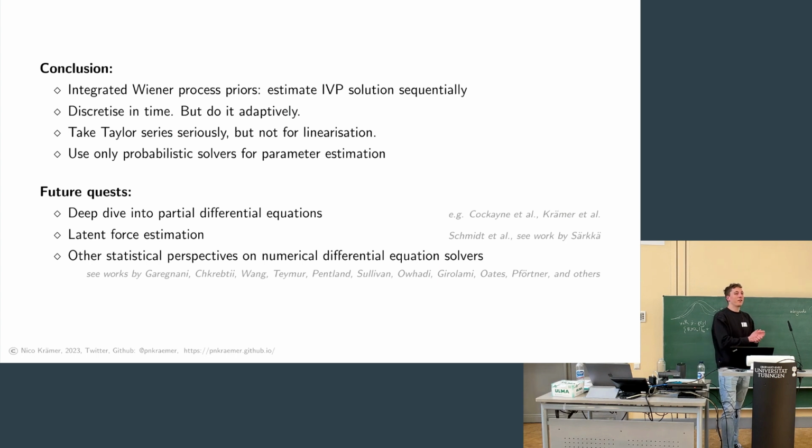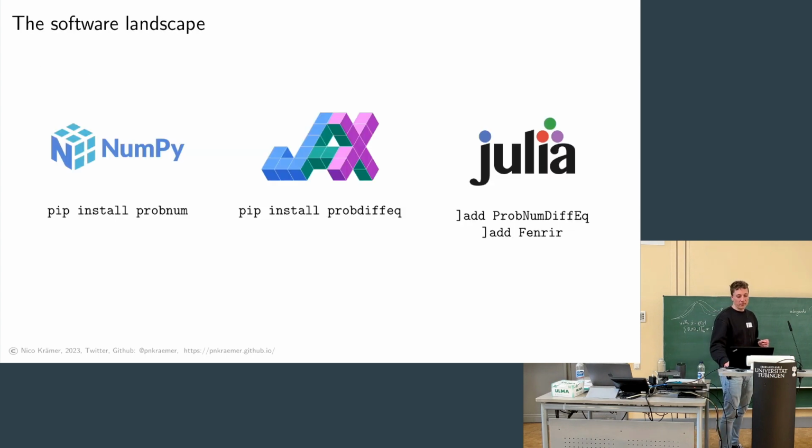And of course, there are lots of other ways of defining probability distributions or some statistical description of numerical differential equation solutions. So, there's a lot of stuff. Let's finish with pointing you where to go from here.